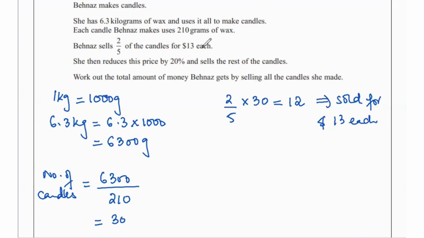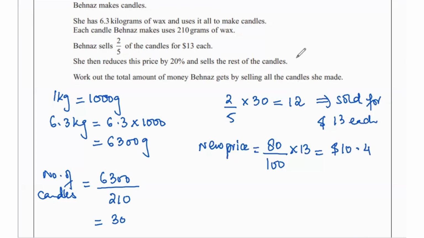So now we need to find 80% of 13. So the new price would be 80% of 13. The reason why it's 80% is because she's reducing the price by 20%. So 80 times 13 divided by 100, that's $10.4. That's the new price.